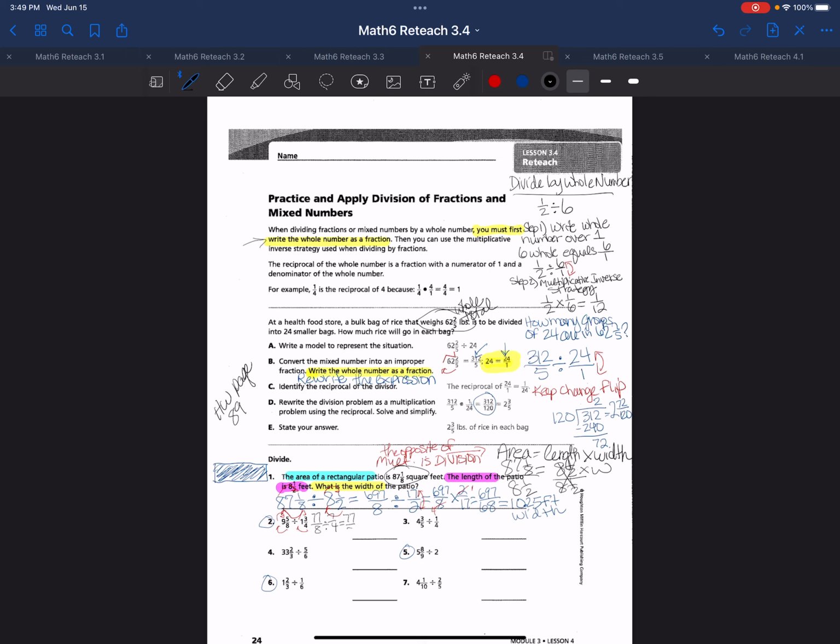Keep, change, flip, taking the reciprocal. And then I know that 4 goes into both of these, and then 7 goes into both of those. So I would get 11 halves, or 5 and 1/2.